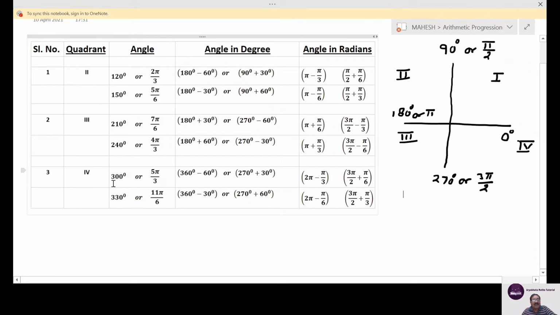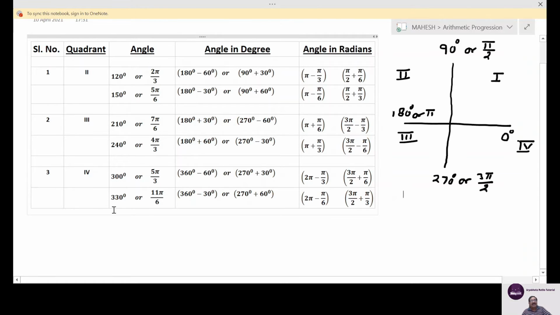Suppose the angle is 300 degree or 5 pi by 3, then 300 can be described as 360 minus 60 degree or 270 plus 30 degree. Similarly, 5 pi by 3 can be described as 2 pi minus pi by 3 or 3 pi by 2 plus pi by 6.